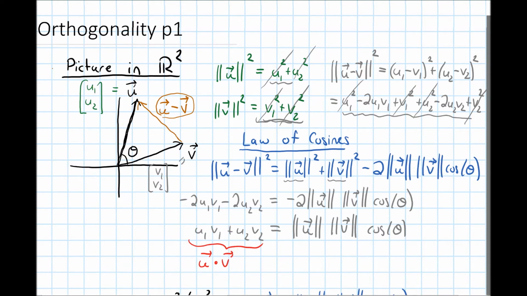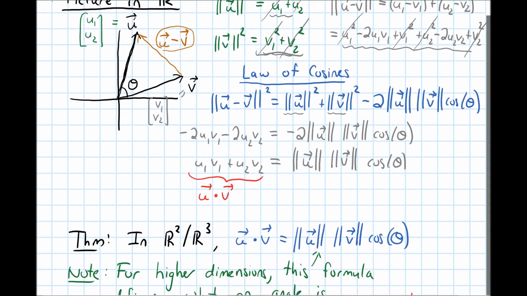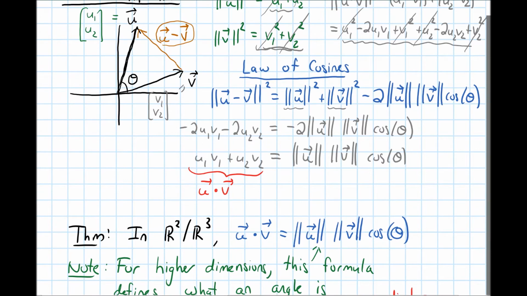So we've just shown a key result about the dot product, and I'm going to state this as a theorem. In R2, and it turns out also in R3, the argument that we just gave holds. The dot product of two vectors u and v is equal to the length of u times the length of v times the cosine of the angle in between them.